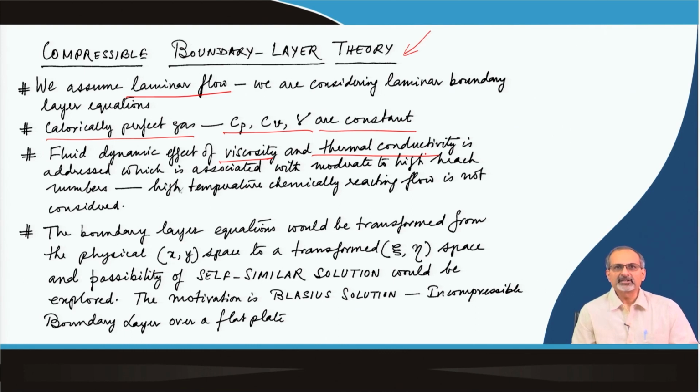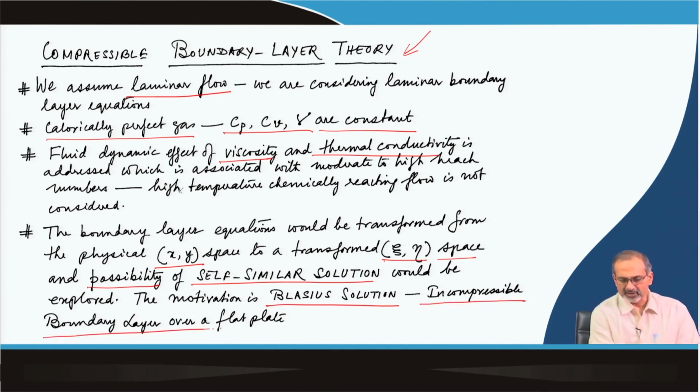The boundary layer equations would be transformed from the physical space, that is the xy space, to a psi eta space in order to explore the possibility of self similar solution. The motivation is that we looked at Blasius solution, which is the laminar incompressible boundary layer solution for a flat plate, and there we did see self similar solution coming up.